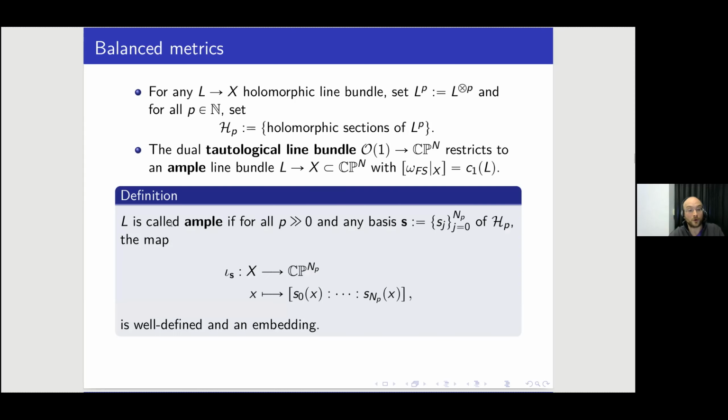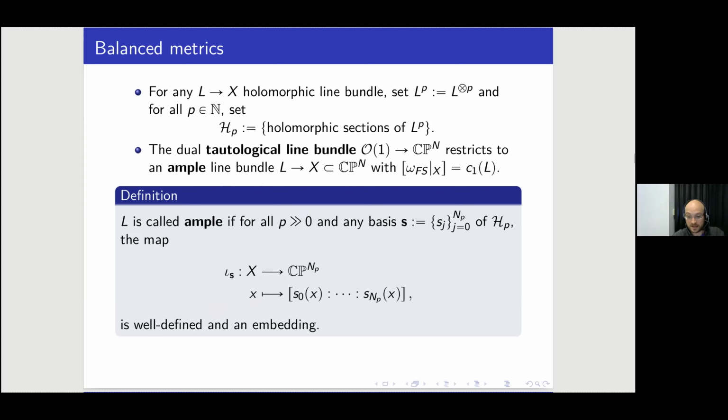And if you were wondering, a line bundle is called ample if for all integers P big enough and for any basis of the space of holomorphic sections, the map defined thanks to this basis is first of all well-defined and second an embedding, right?